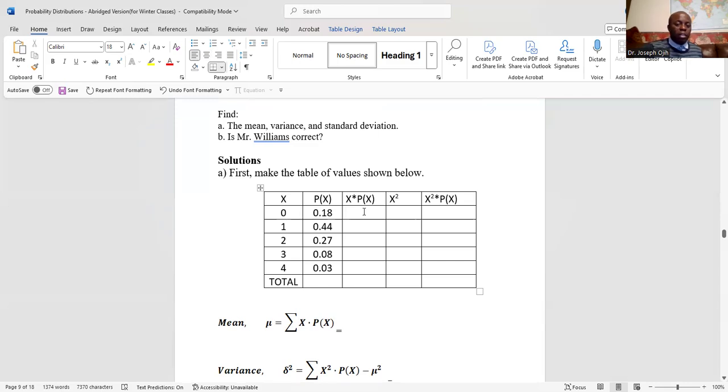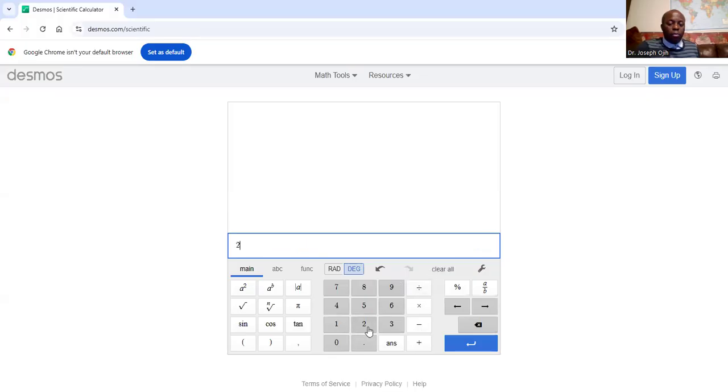So 0 times 0.18 is 0.00. 1 times 0.44 is 0.44. 2 times 0.27, that one I can get from the calculator, is 0.54.